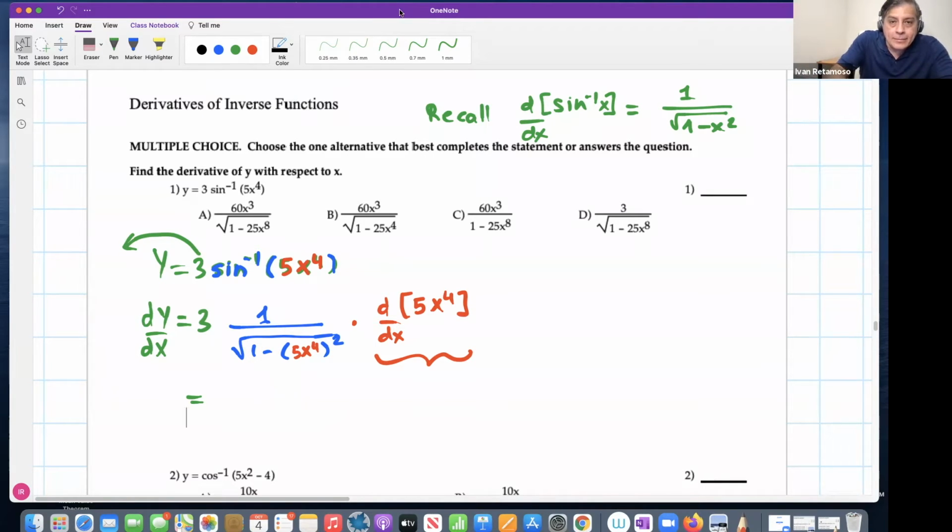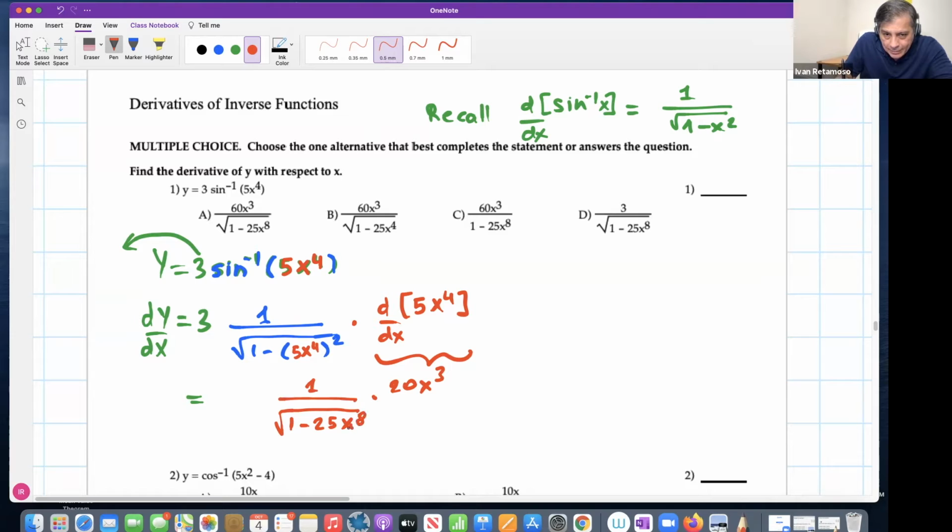And here someone wrote it here. And Marcos also, very good. 20x cubed. Yeah, 20x cubed here, right? 20x cubed times 1 over a square root of, here you have to remember your algebra, 5 squared, 25, x to the 4 squared, multiply 4 times 2, x to the 8, right?